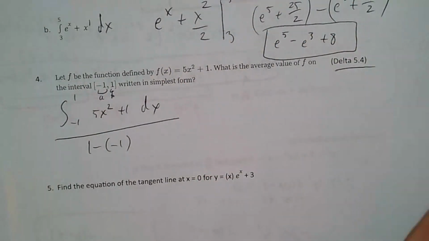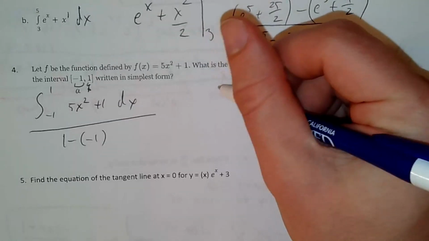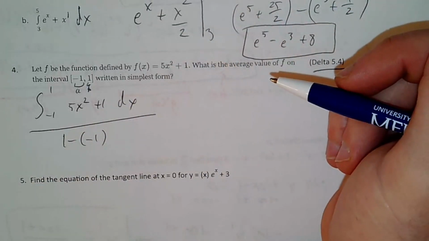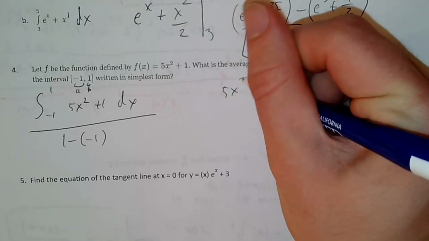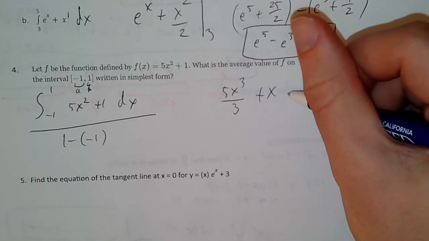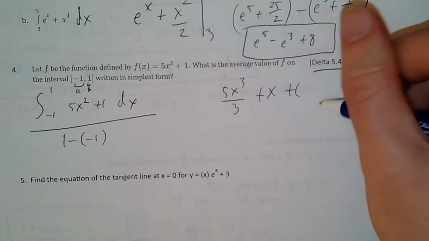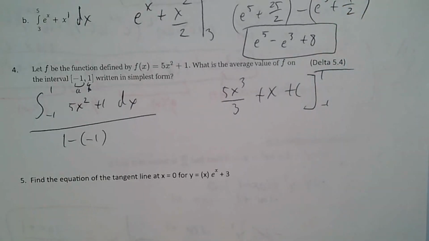Okay, so to solve this, we've got to do the top first. The antiderivative of 5x squared plus 1 is going to be 5x to the third over 3 plus x. Technically a plus c, I'll put it in just because. And then that's from -1 to 1.